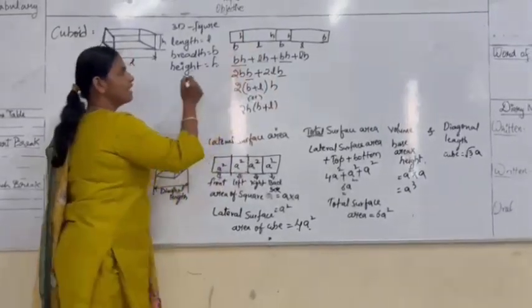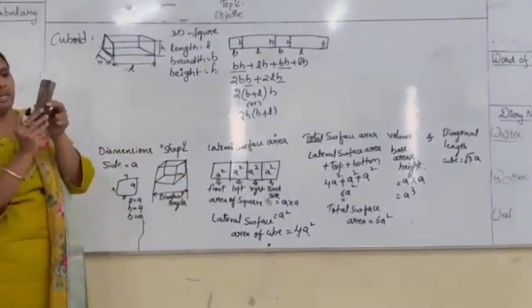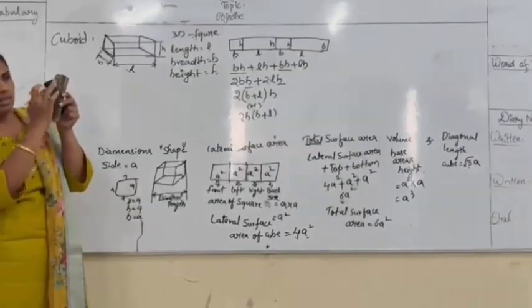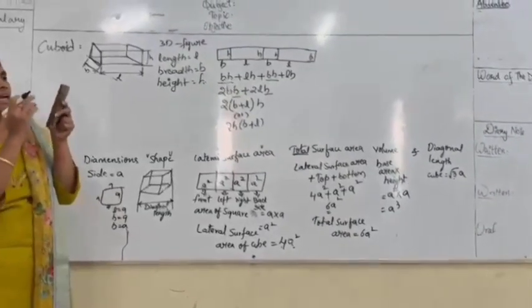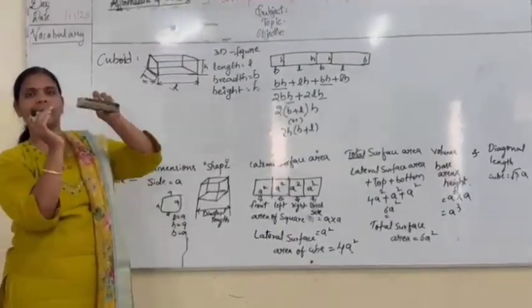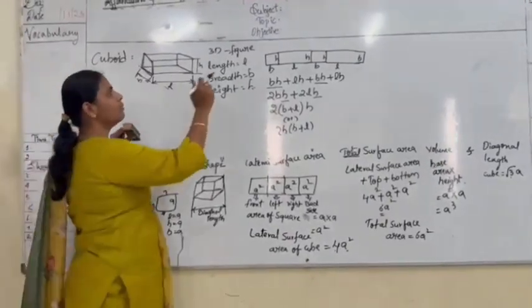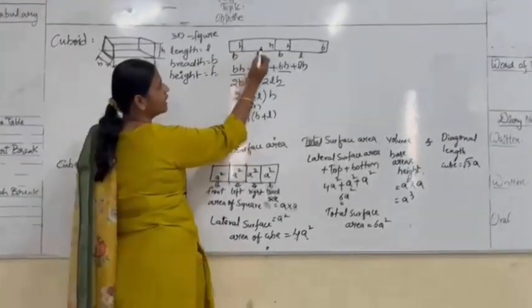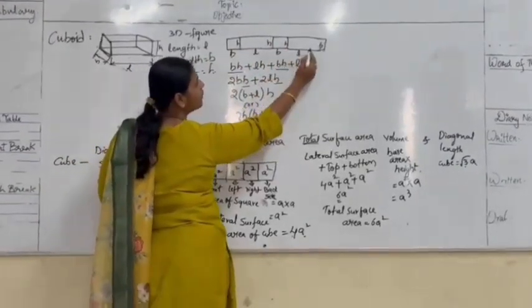Here, while coming to lateral surface area, by removing this top and bottom, we are having one rectangle, one square, one rectangle, one square. If I open this, we can see the net diagram: square, rectangle, square and rectangle.